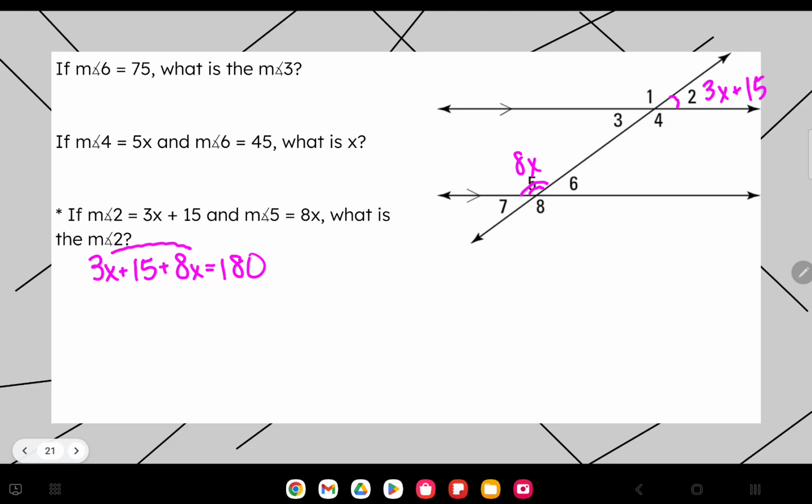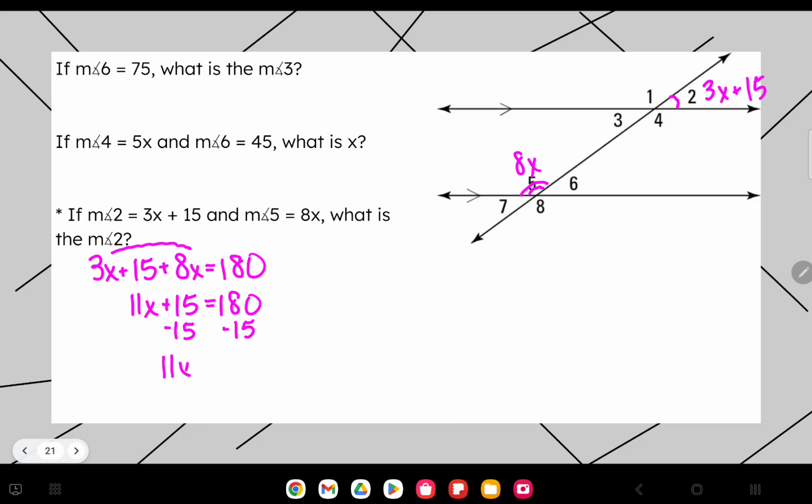We combine that 3x and that 8x. They're on the same side of the equal sign. So we just put them together. 8 plus 3 is 11x plus 15 equals 180. Now we subtract that 15 from both sides.